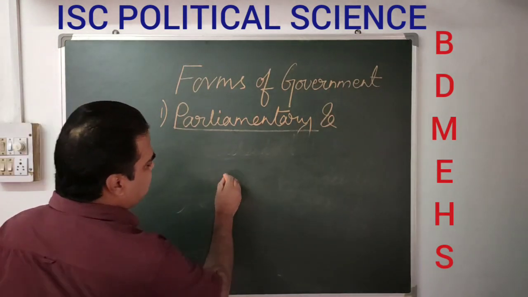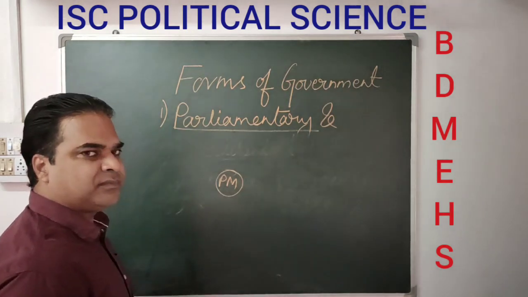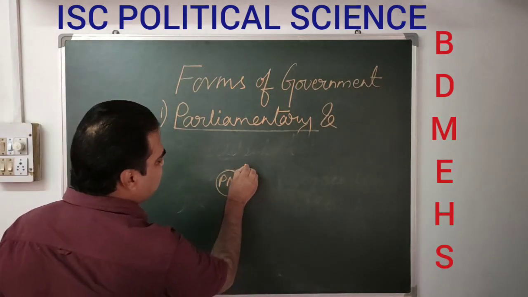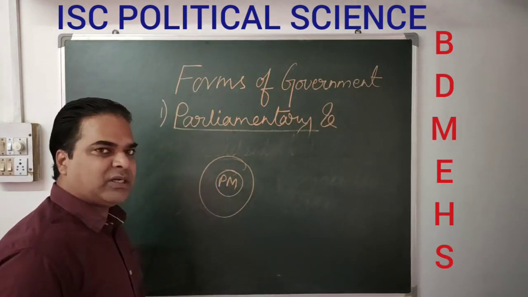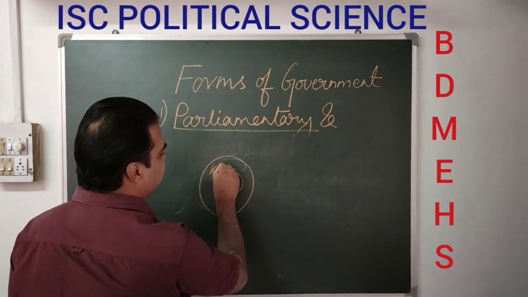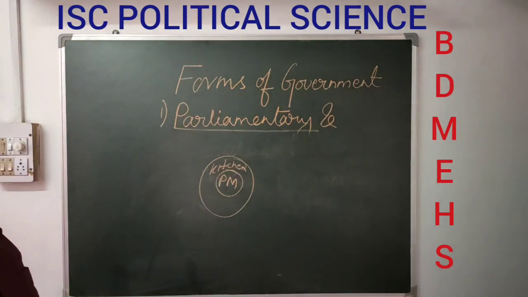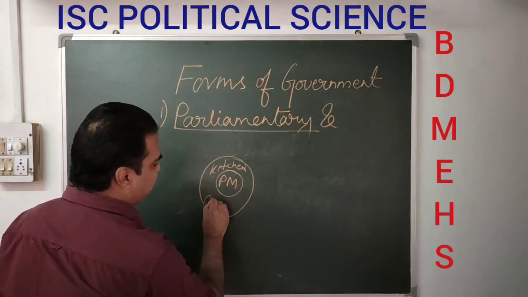So this is a small circle. Here lies the Prime Minister. This is the outer circle of the inner core circle. Here will be the kitchen cabinet.